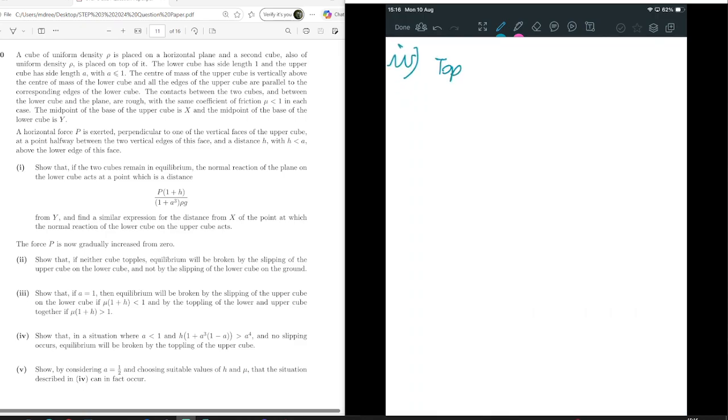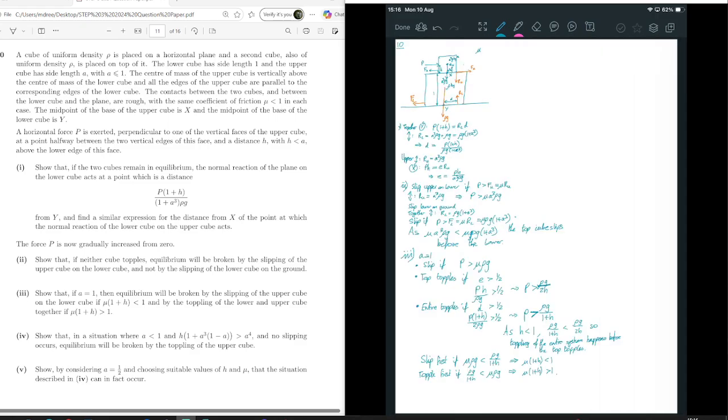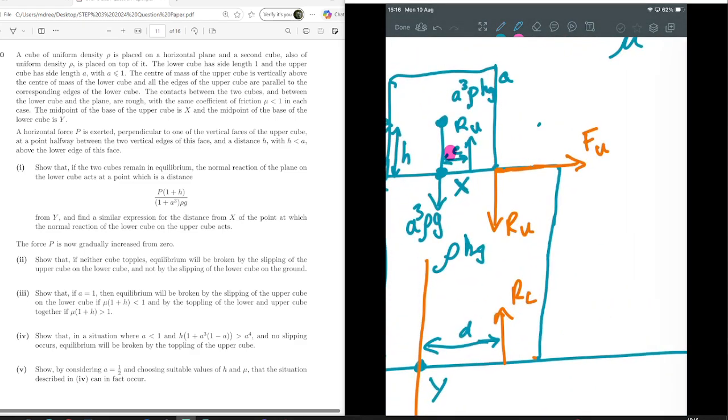So the top topples if the E that we had is greater than A over 2, yep, this E here, as soon as this gets outside of that upper cube, we are going to topple.